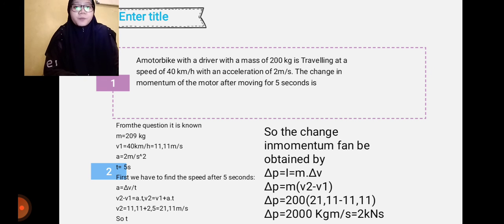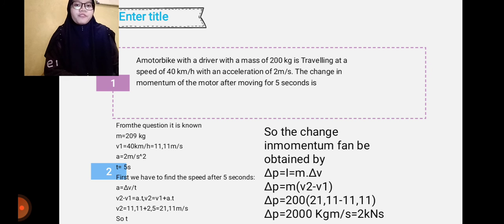Answer. From the question, it is known m is 200 kg, velocity 1 is 40 km per hour, which is 11.11 meter per second, a is 2 meter per second squared, t is 5 seconds.